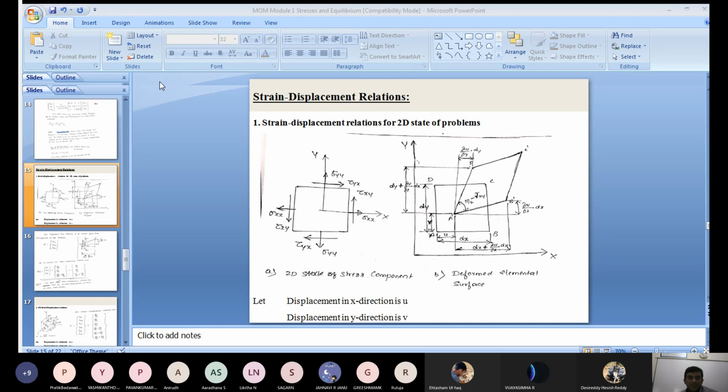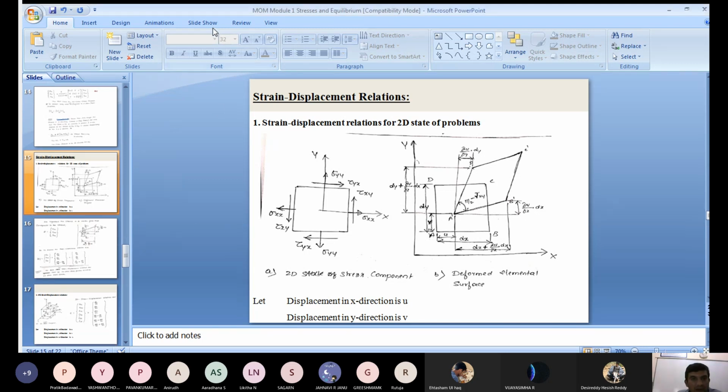For this, first we'll consider the strain displacement relation for a two-dimensional problem. As you know, two-dimensional stress components act on the element. What type of element is this? A square element.